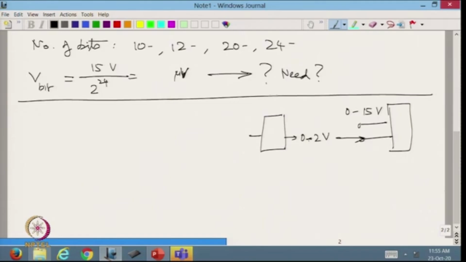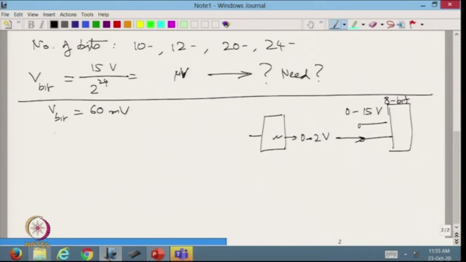So, here is what happens. First, our ability to discriminate this signal or to refine and get the accuracy on this is limited by the fact that, say, if this were an 8-bit converter, we just saw V bit to be 60 millivolts.